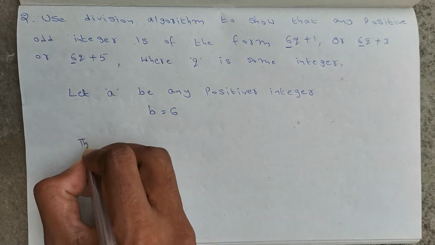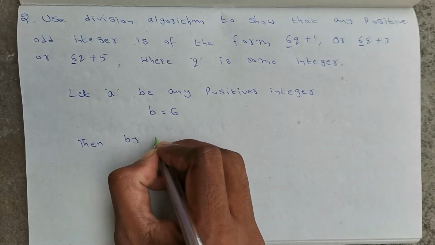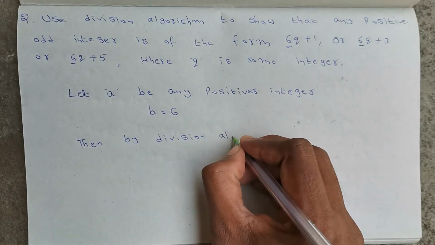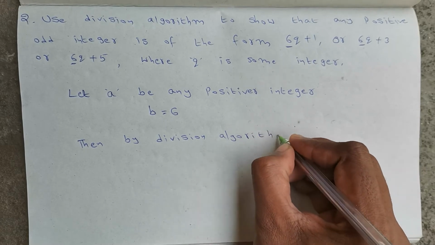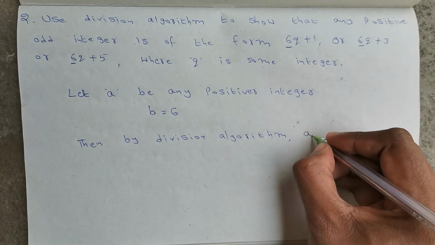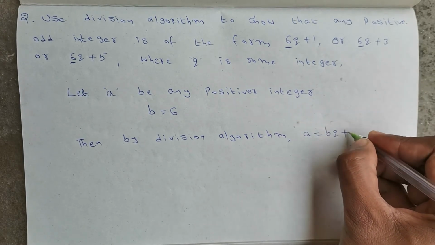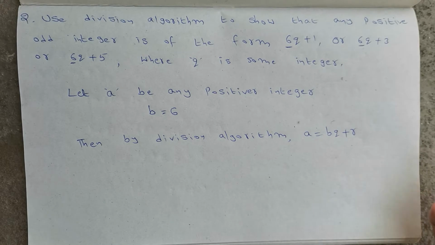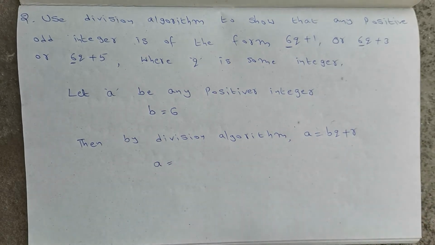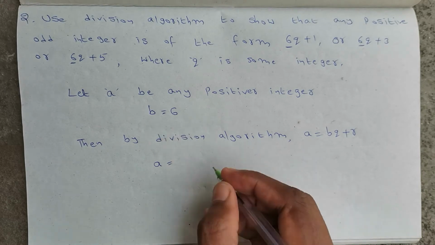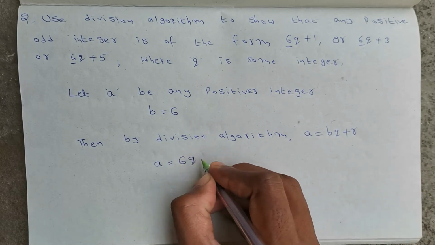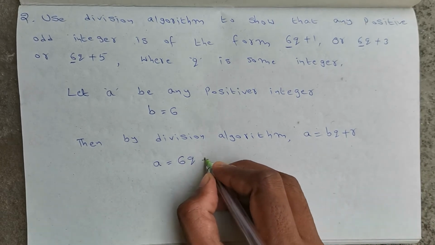Then by the division algorithm, what is the division algorithm? We have a = bq + r. So a is nothing but a only, as it is. a = b value is known as 6, so in the place of b, 6q + r.